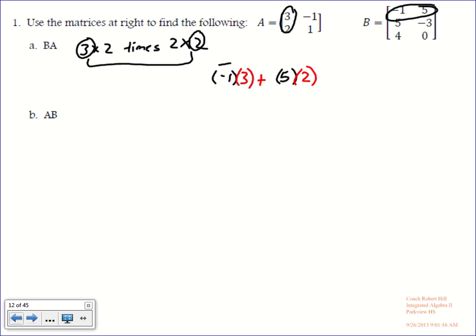Guys, that's what I'm expecting to see tomorrow. Not the answer. I want to see this. I want to see where you take row times column, where you take -1 times -1 plus 5 times -1. That's row 1, column 2. So you put the answer in row 1, column 2.